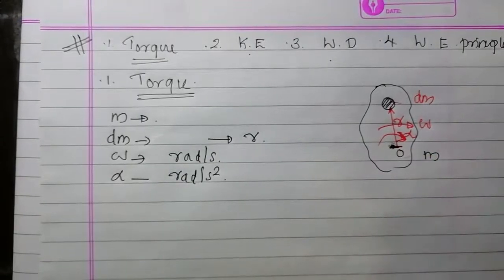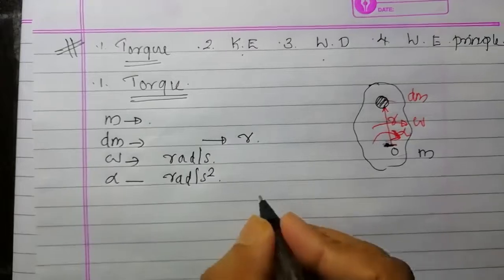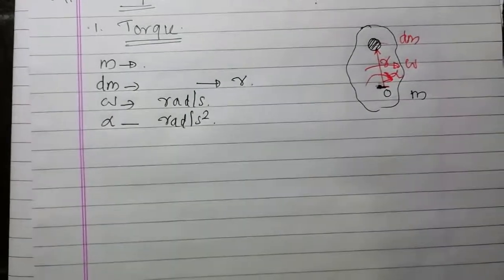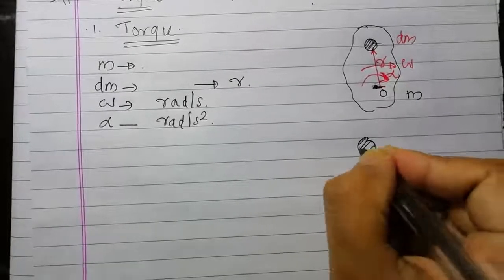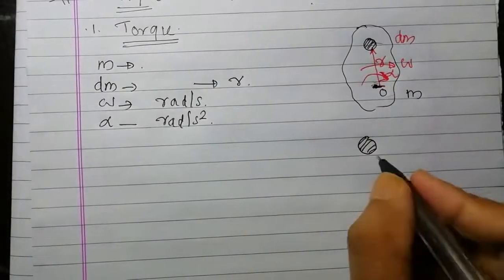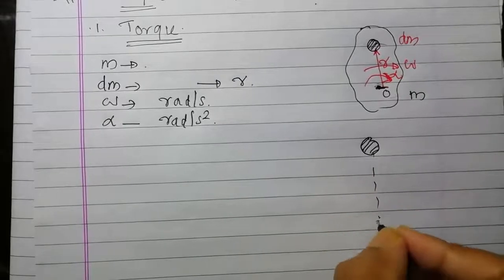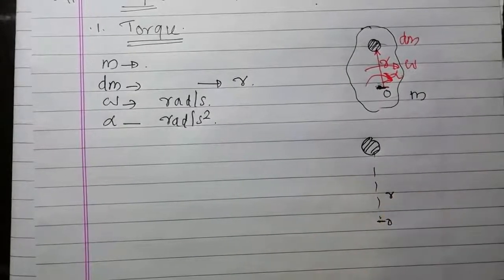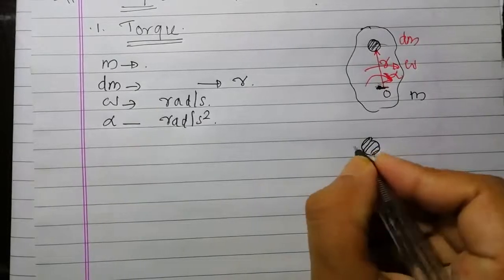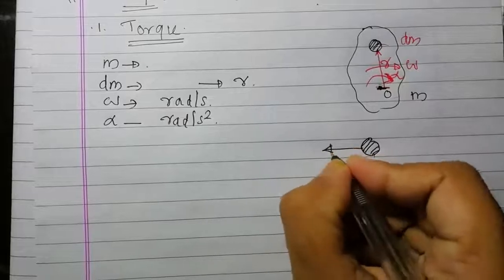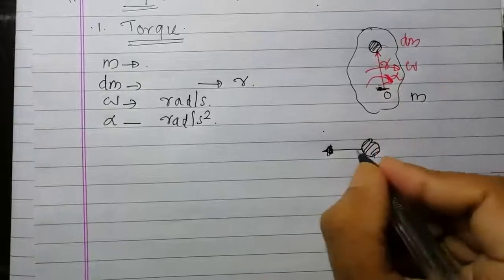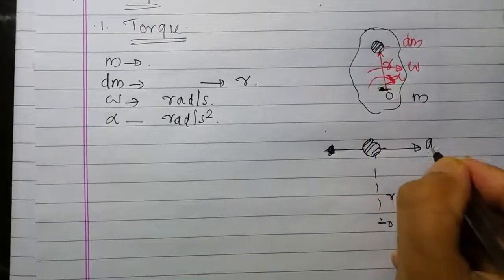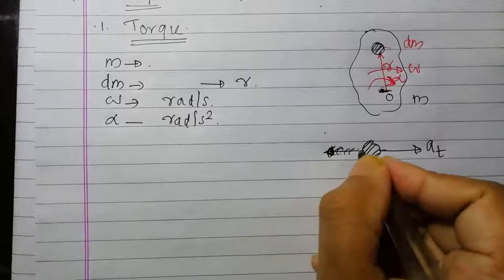Clear? Now we know from basic physics that this elemental mass dm, at a distance r from the center of rotation, will be subjected to two types of acceleration. Suppose here I am considering alpha in this direction. First one is a tangential acceleration like this.